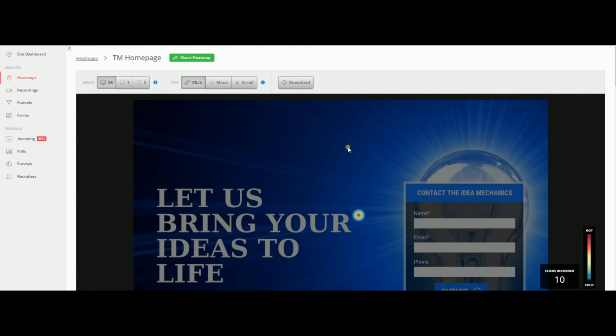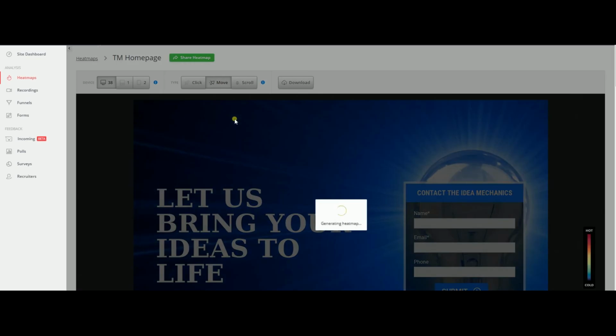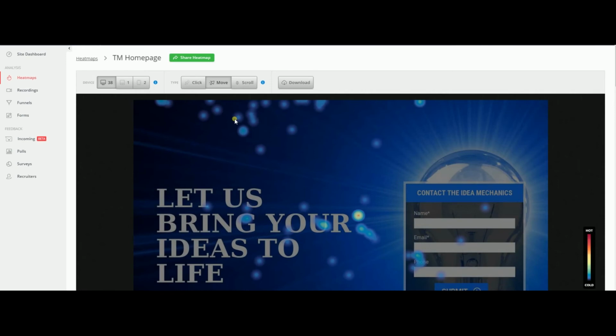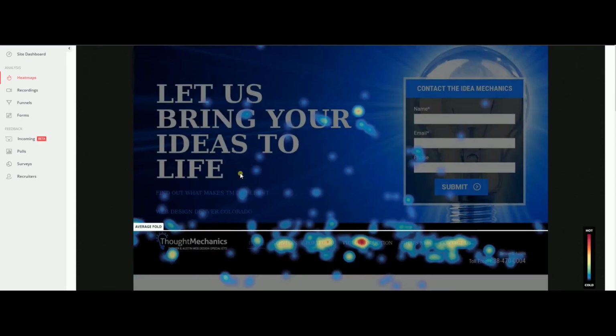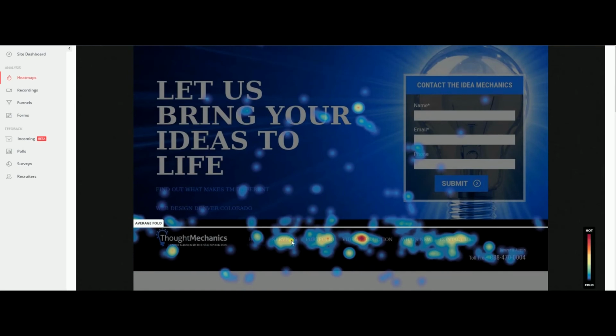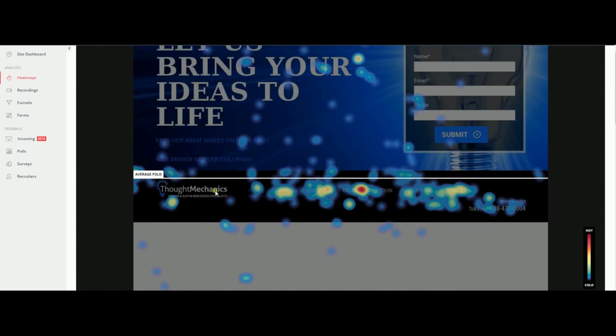Then we're going to take a look at where they're moving to on the website. And this is really going to produce a heat map that shows all the places that they focus in on. And as you can see, as you get down to the navigation, it really heats up. And you would tend to expect that to occur because that's one of your main areas to navigate the website, and people are going to tend to go to the navigation.